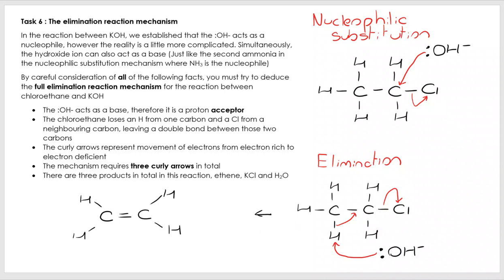And then in addition, we have made water. We can see the water with the H and the OH, and we've got the Cl- ion that's gone off the side. Now, bear in mind, we started with OH- ions. The reagent there would be KOH or NaOH, meaning we've actually made KCl or NaCl.